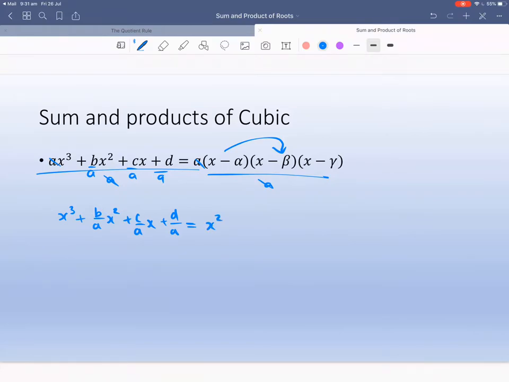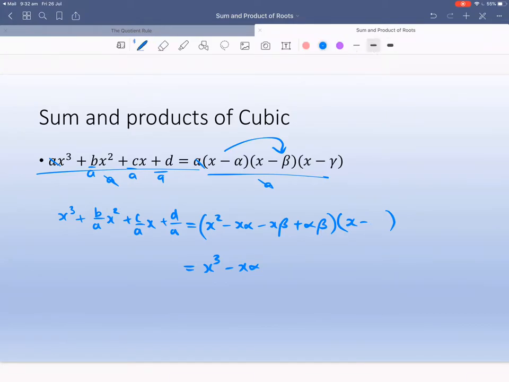So we got x squared minus x alpha plus, well, I'm not going to do that. I'm just going to leave it as alpha and minus x beta plus alpha beta. And then I'm going to ski jump it with this one here. So we're going to get x cubed minus x alpha, and I've done something wrong.